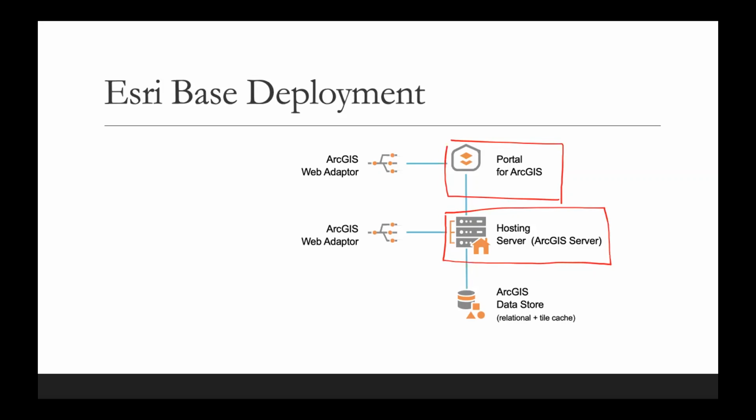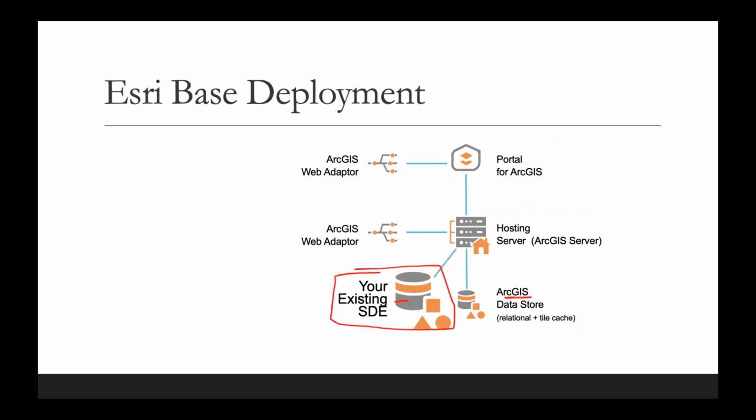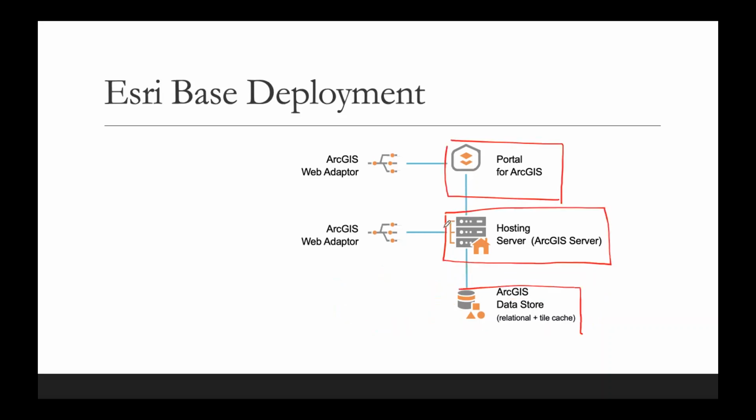And then the data store. You could have your data store in the same place, on the same server as your SDE, or you can put the data store on the same server as your ArcGIS server. Either one works. If you have a really robust server, go ahead and put it on that server, and the data will stay there.